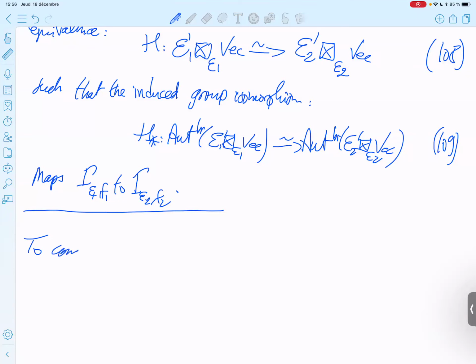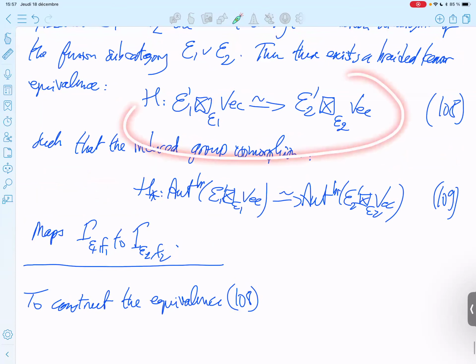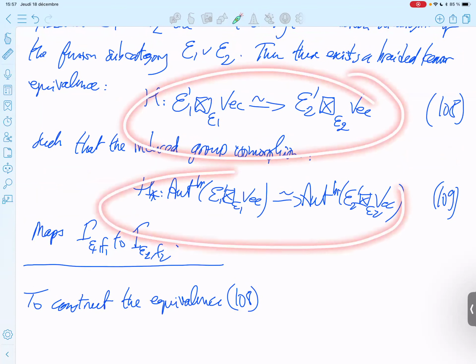So to construct the equivalence, constructing equivalence 108, so this one, we first need to construct that, and then need to check that.